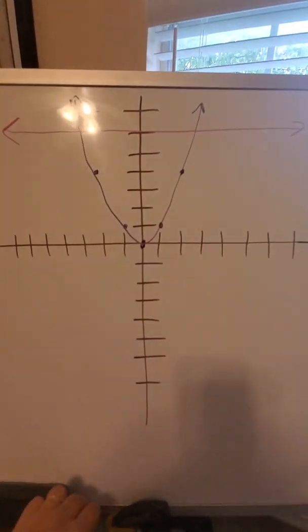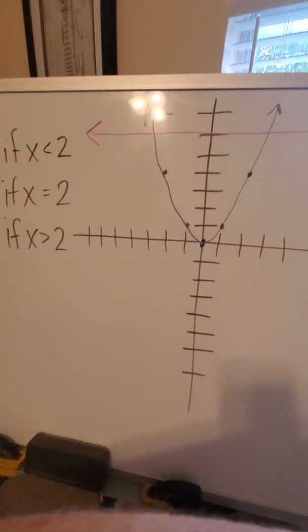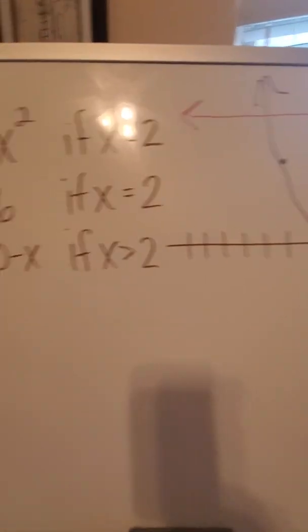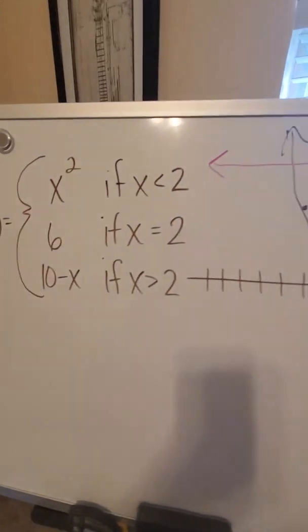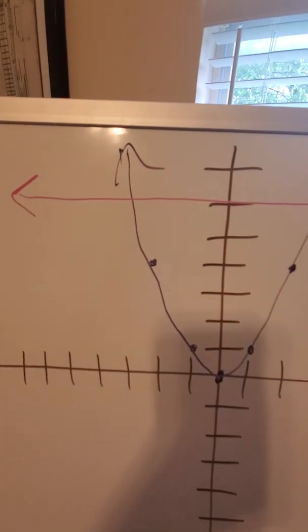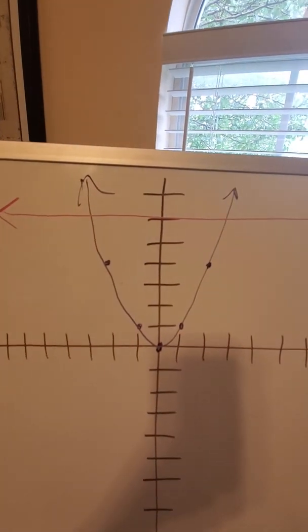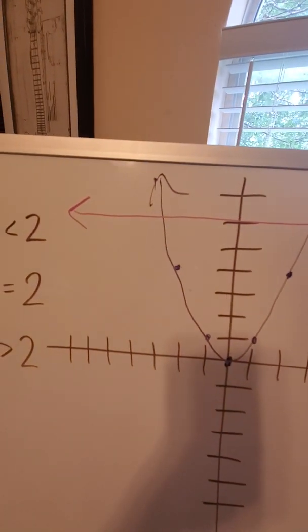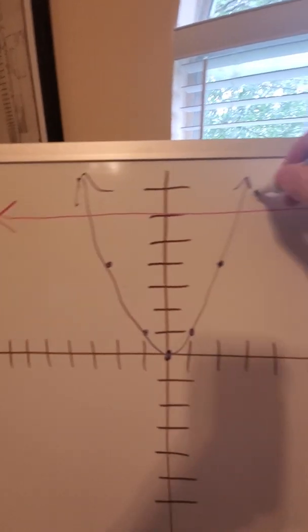And then the last one is 10 minus x, which means I start at 10 and I go down 1 over 1. As far up as I got is 7. So down 1 over 1 would be 9, then 8, then 3, 7, right here.